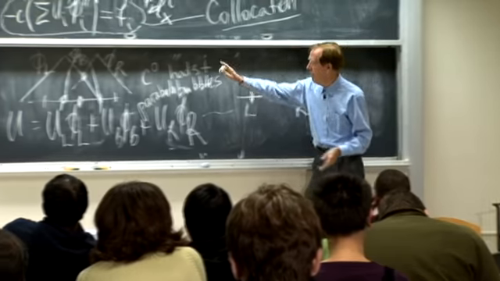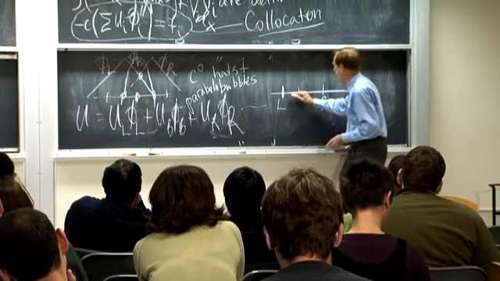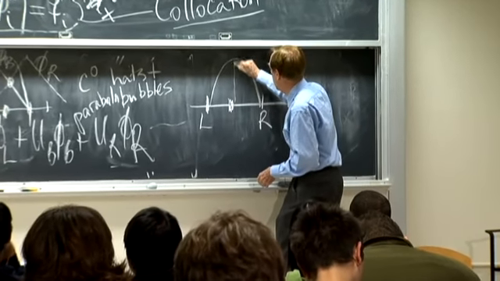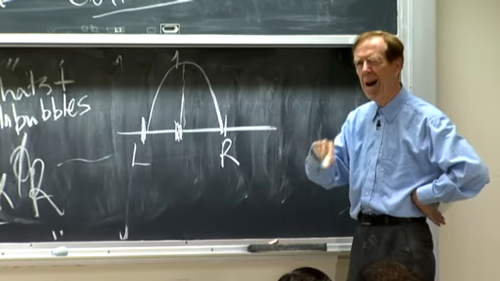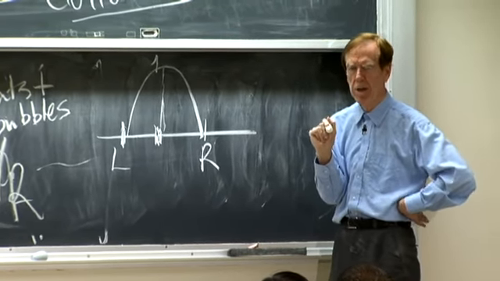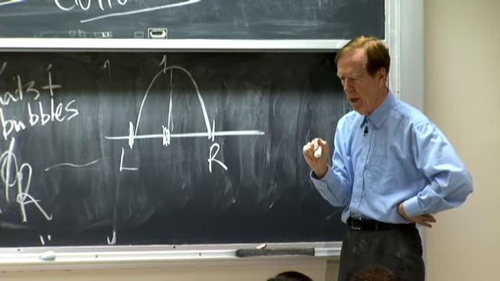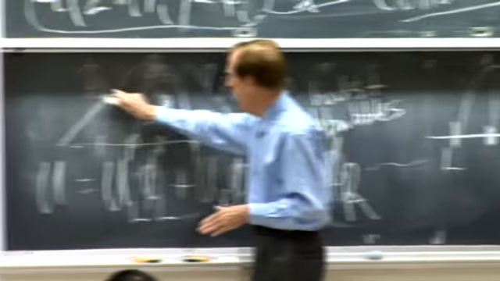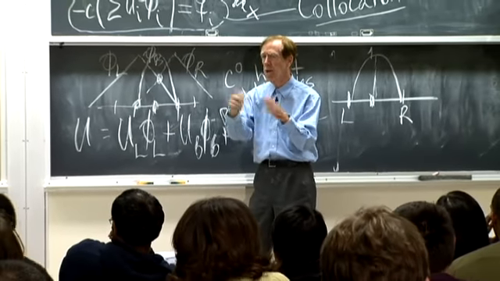I could change from hats and bubbles to, I'll keep the bubble, because that's 1 at the halfway point. That's good. But I have to fix those hat functions. If I want the phi left function, I'll call it a hat function, but it's going to change shape.